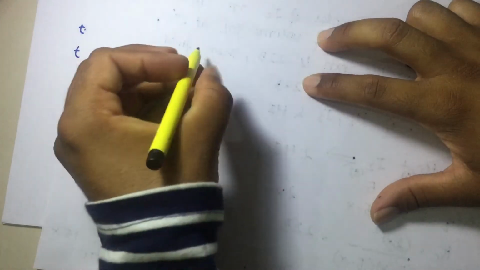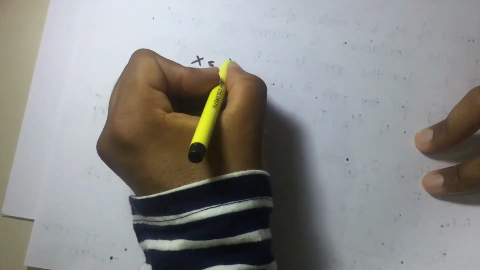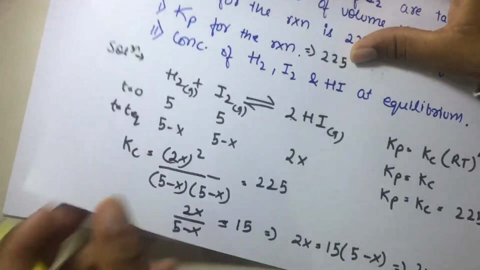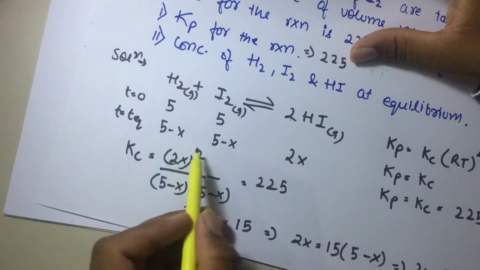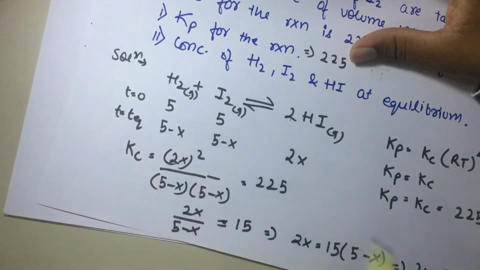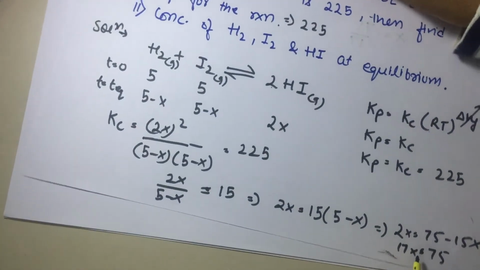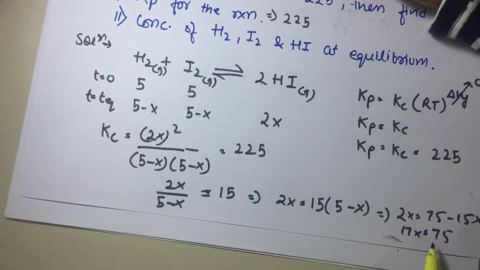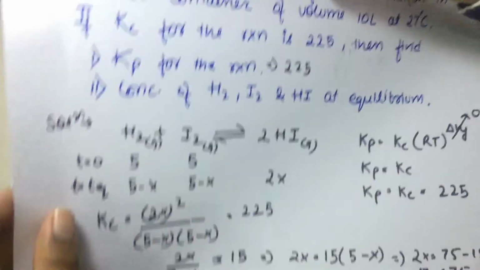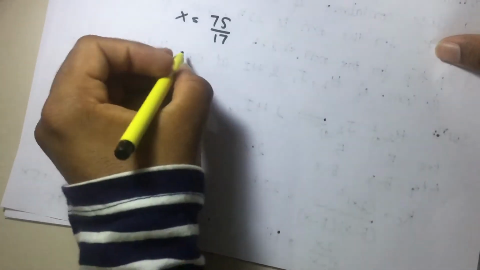So x will become 75 by 17. Is x the concentration of H2? No, x is this constant. So we can put the value of x here.